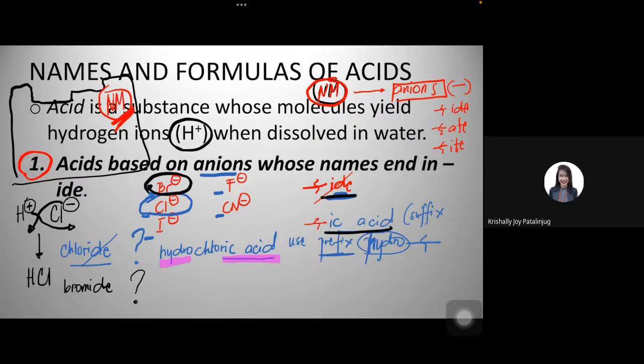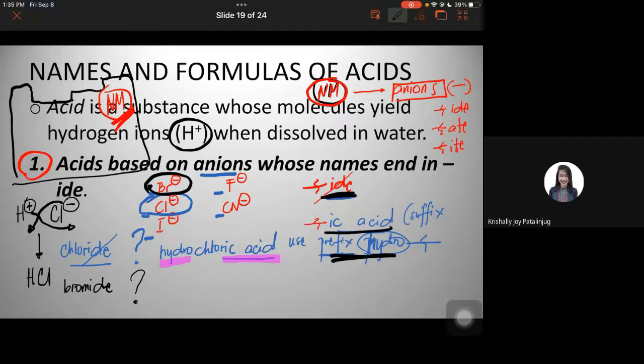Change the IDE ending to ic acid, then add prefix hydro. So that becomes hydrobromic acid. Okay, look at what happens to IDE, replaced with ic acid. Then we add the prefix hydro.